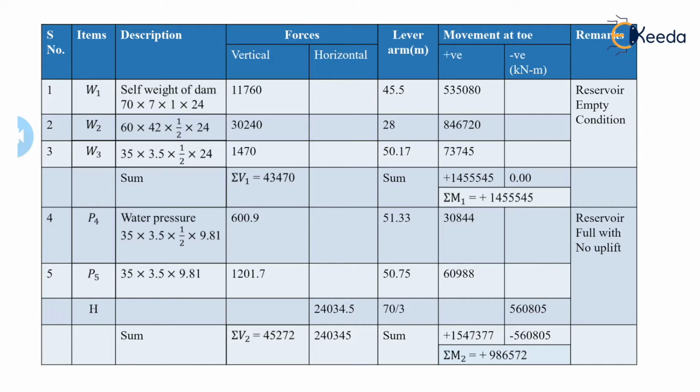So what we have done is take the summation of the forces and the summation of the moments, and simply substitute the values and find the required value. Here you can see the positive moments will be taken separately and the negative moments separately.